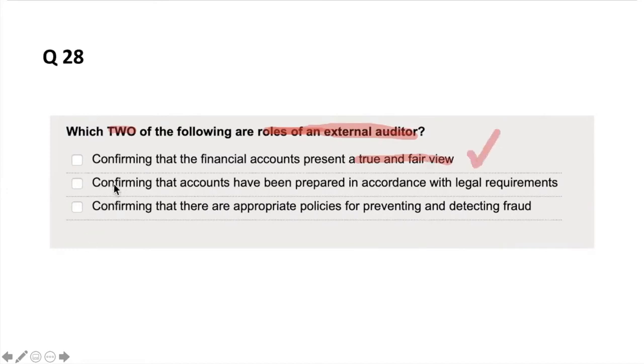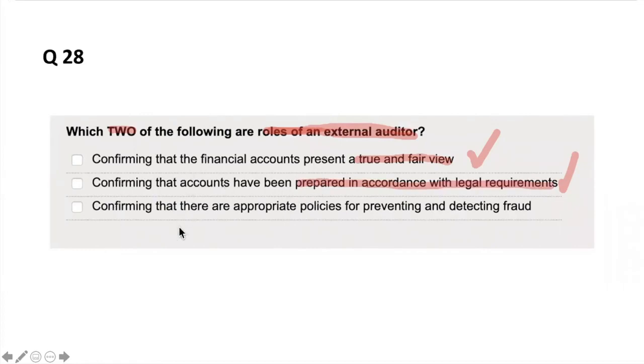Second option, confirming that accounts have been prepared in accordance with legal requirements. That is also a role of an external auditor, because external auditors make sure that the financial accounts have been prepared in accordance with all legal issues that, of course, govern that company or that industry, and that's the way it should be. And finally, so we already have two, but let's see if we are correct.